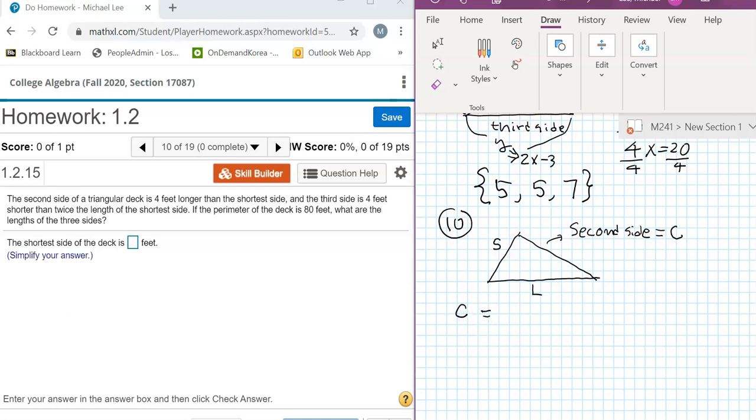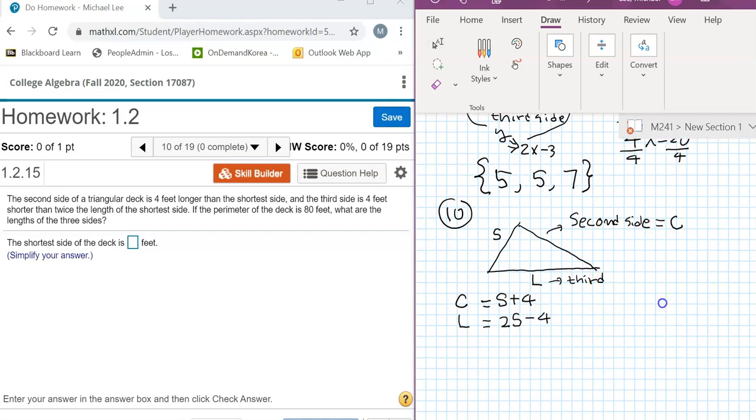So the second side of the triangular deck, C, is 4 feet longer than the shortest: S plus 4. And the third side, I'm going to call this L. The third side is 4 feet shorter than twice the shortest, so twice the shortest, 4 less: 2S minus 4.